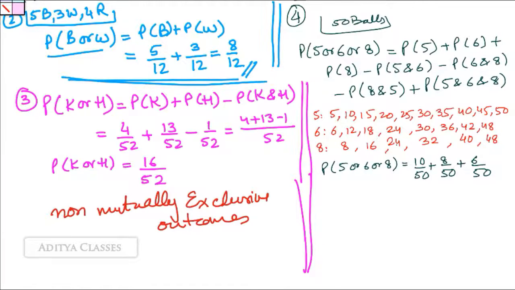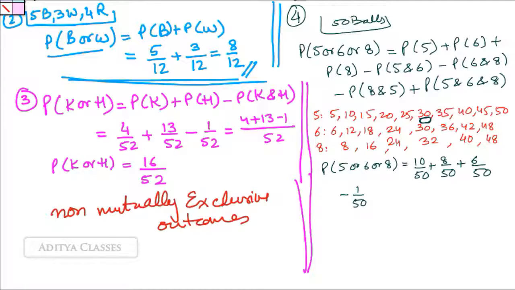Now the subtraction terms. Minus probability of 5 and 6. Common in 5 and 6 are these two. 30. That's it. 1 out of 50.